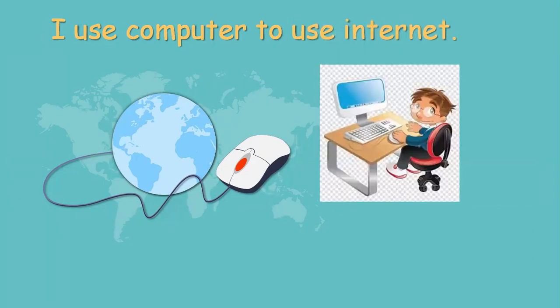I use computer to use the internet. How are we learning online? With the help of the internet. How can you search for things? You can search for things using the internet. This you can do in the school as well as in the home.